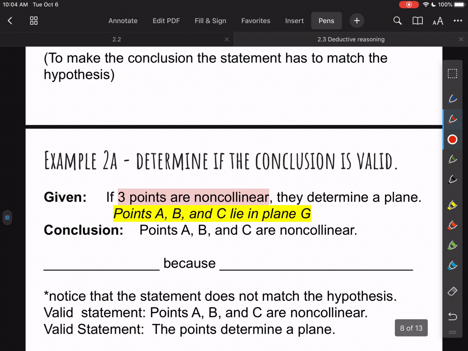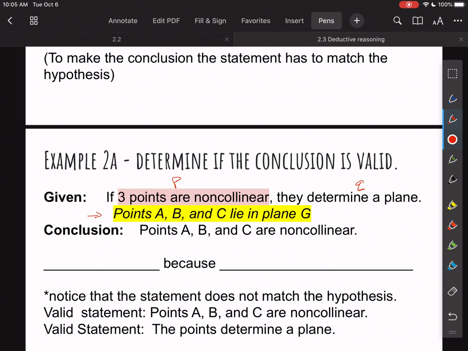It says determine if the conclusion is valid. So this one says, if 3 points are non-collinear, they determine a plane. So here's the P statement, here's the Q statement. And now the yellow part is the given, right?